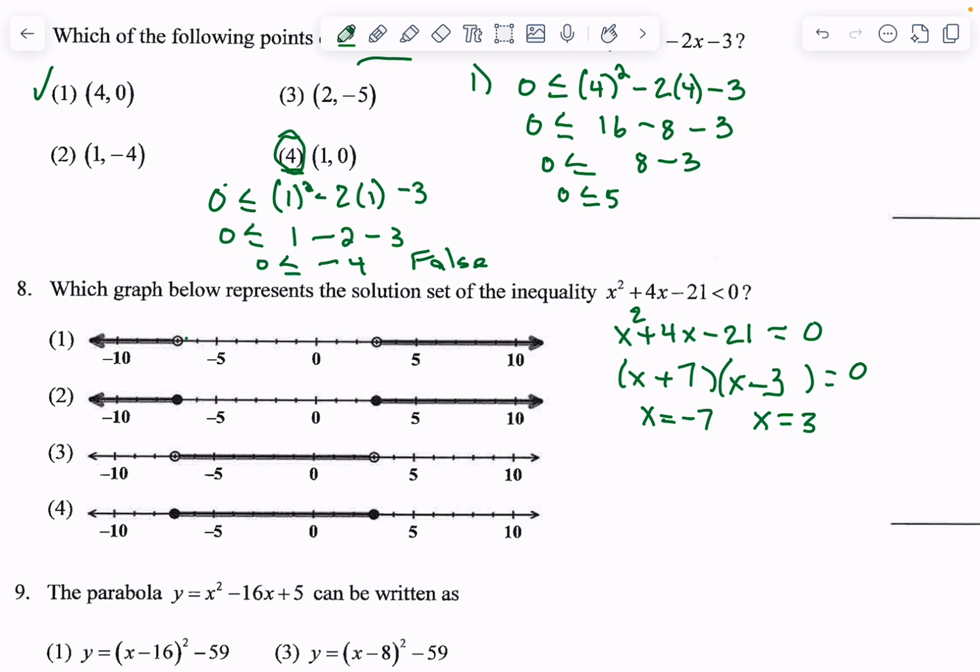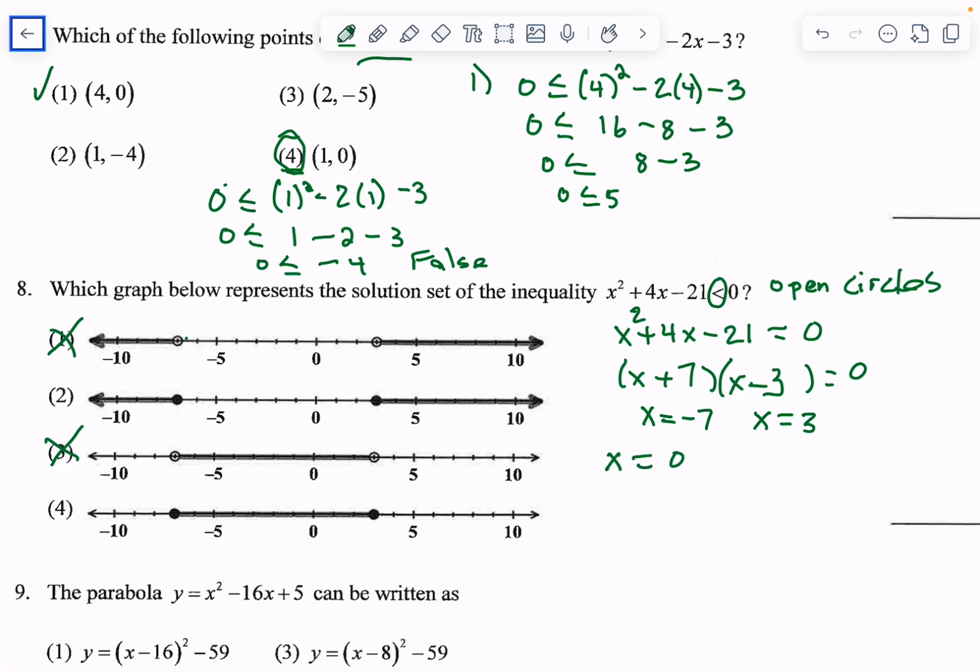Okay, now let's look at the symbol here. The symbol is less than, not less than or equal to. So that's going to be open circles, because they're not included in the solution set. So we can eliminate 1. We could eliminate 3. Now the last thing we could check is x equal to 0.